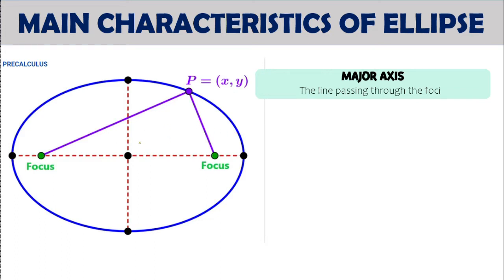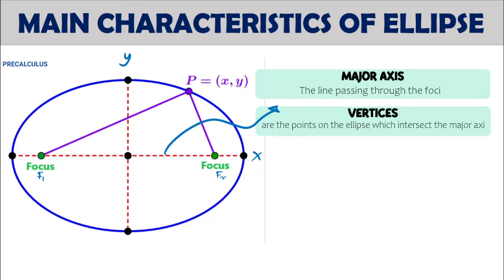And I associated earlier that this is the y-axis and this is the x-axis. And the major axis is the line passing through the foci. So meaning yung dalawang focus. So this is F sub 1 and F sub 2. So yung line that passes through the foci, major axis yung tawag. So meaning to say, this is the major axis.